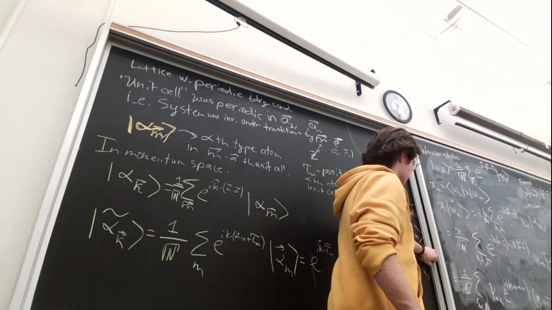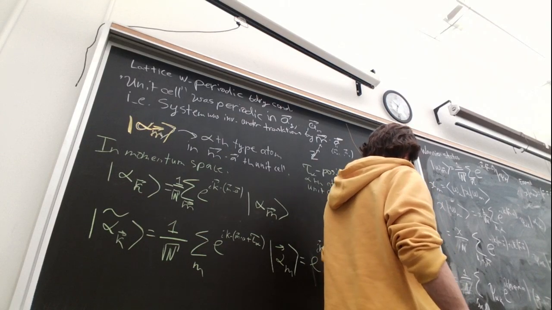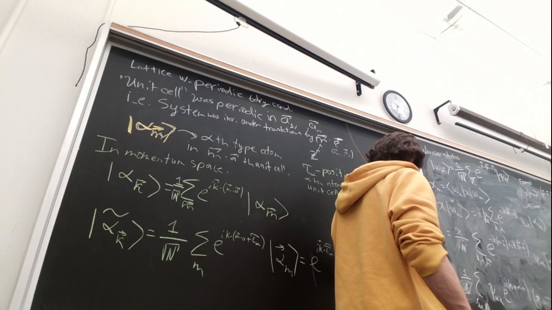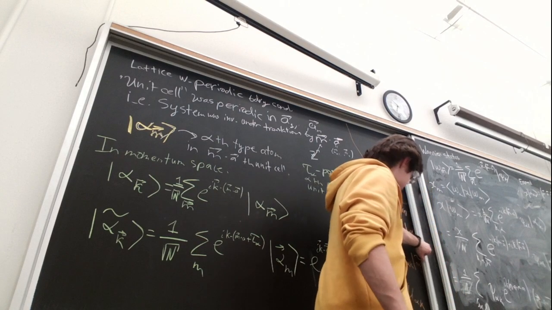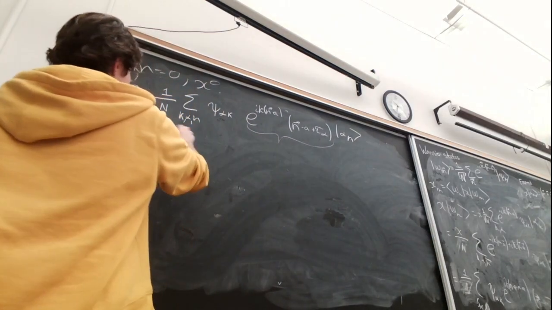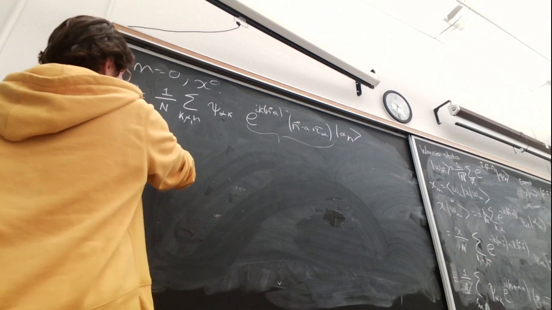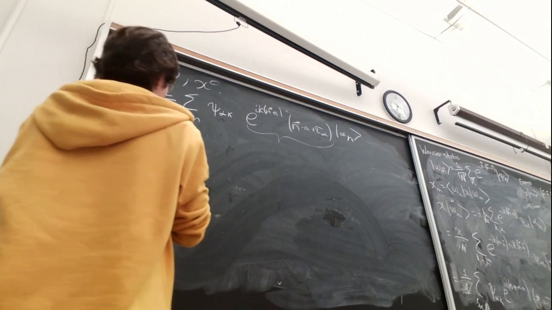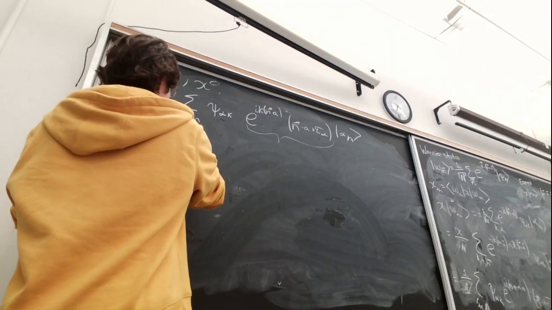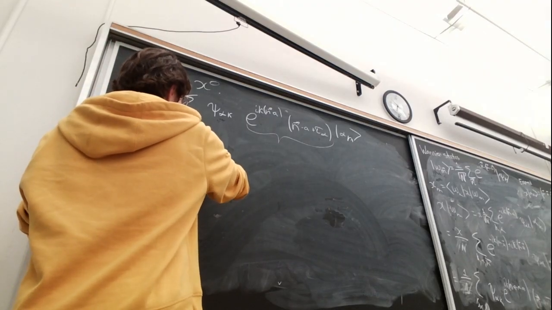Oh, yeah, it will be a plus sign. So psi alpha k is this, like with a minus, the u alpha k, right? So what I'm going to do is I'm just going to write that. I'm going to say that, hey, this is alpha n u alpha k.